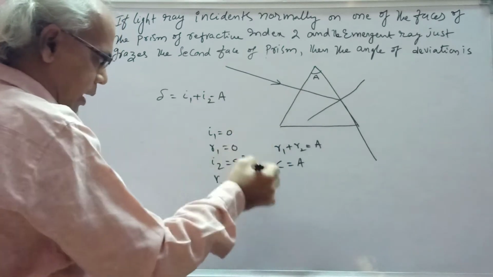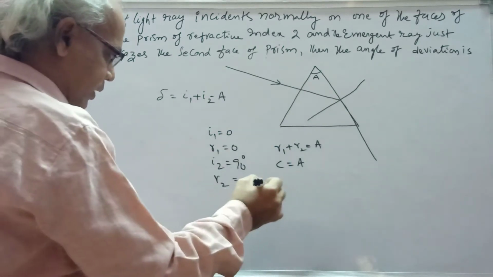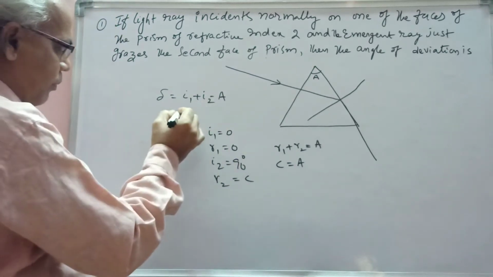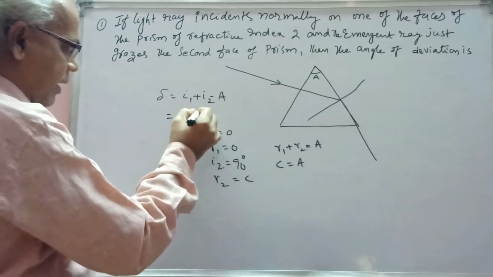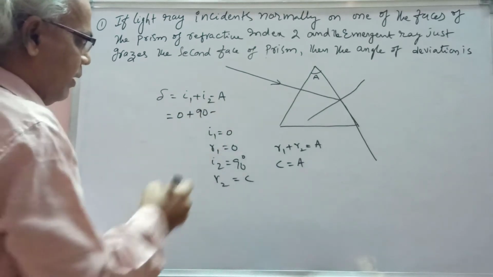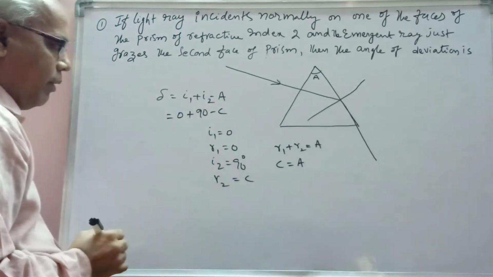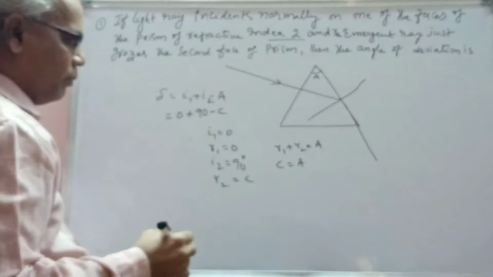You substitute all these values: delta is equal to I1, which is 0, plus I2, which is 90, minus A, that is equal to 90 minus C. Here the refractive index value is given as 2.